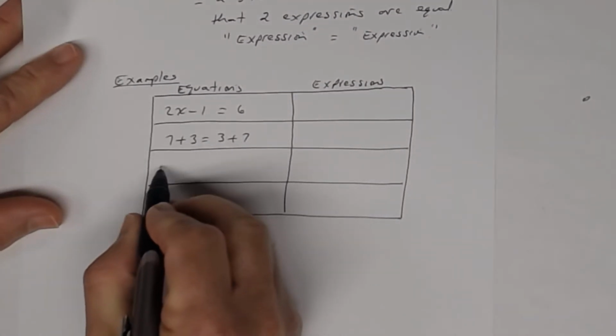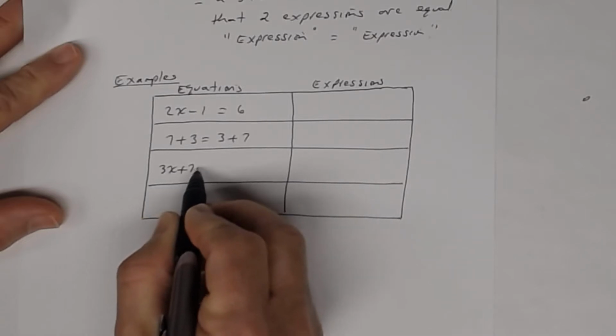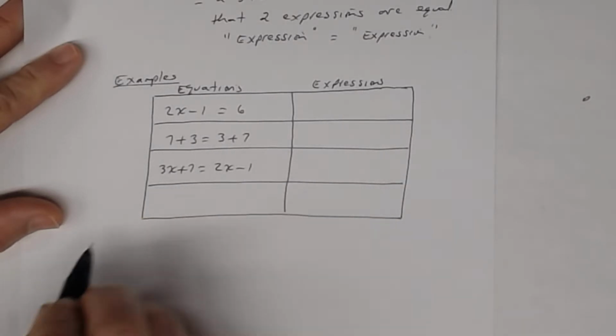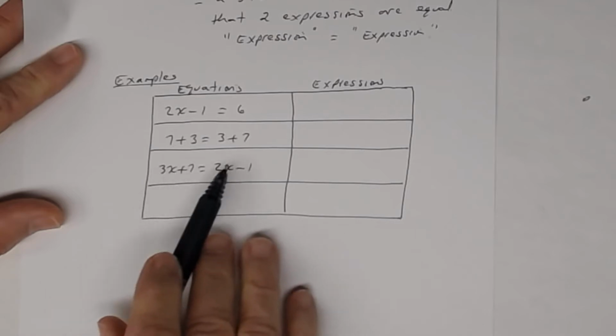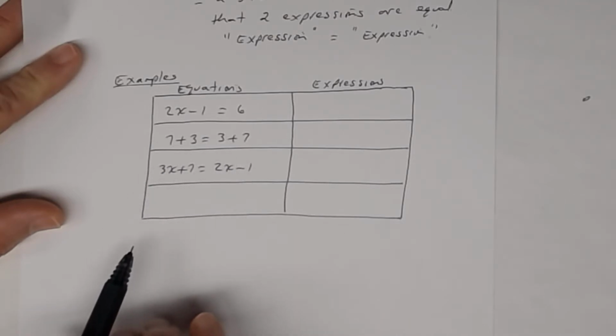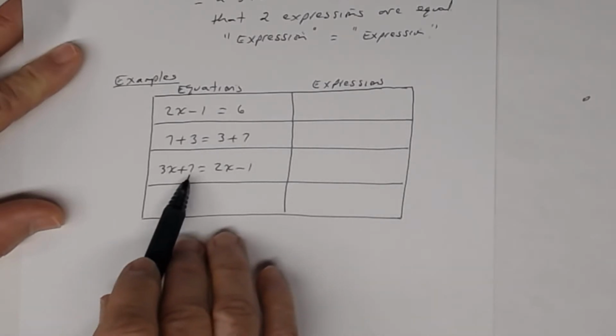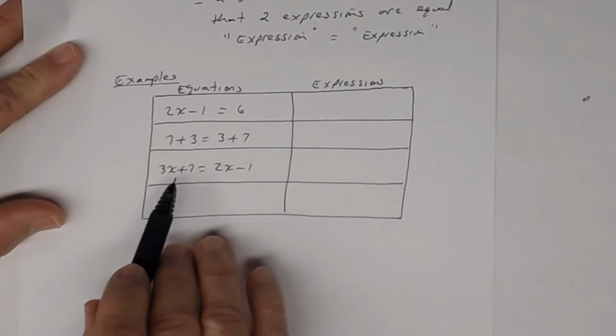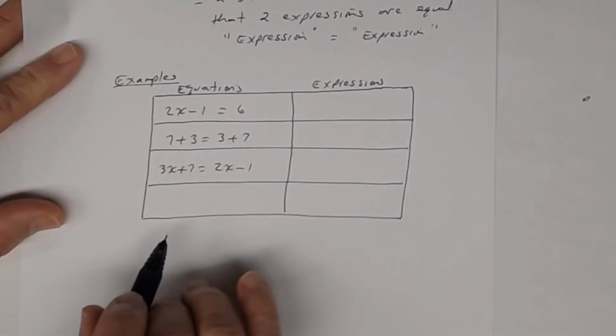We have 3x plus 7 equals 2x minus 1. That's an equation. You have variables on both sides. You have an expression here and an expression on the right-hand side. And you're going to learn how to solve that kind of equation in this week or within the next few lessons.